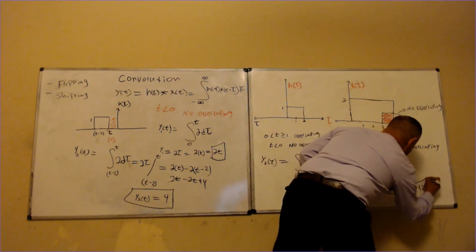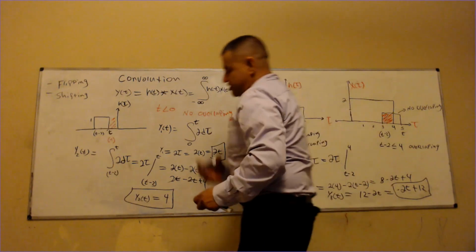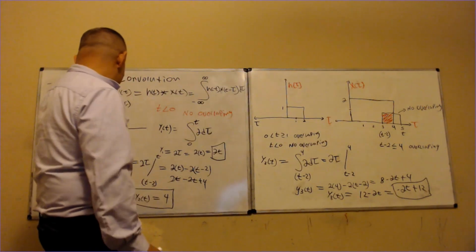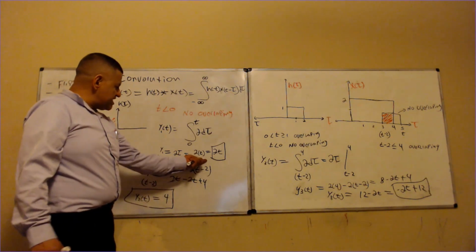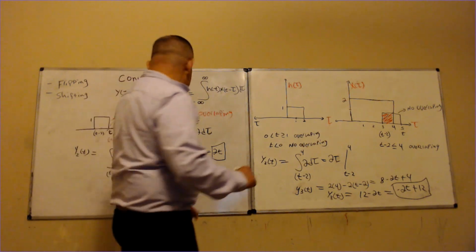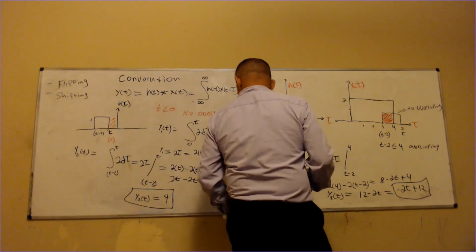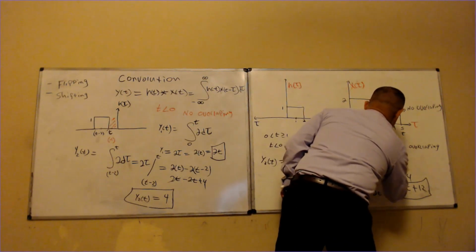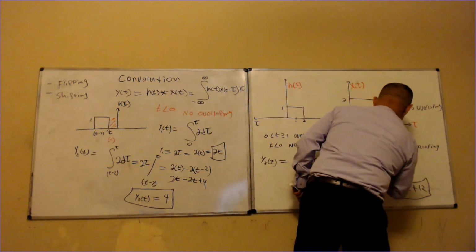So now, with those values, so I have those values, right? So I have this 4, I have that 2t, and I have that. So I need to put those together because I need to graph this again. So I need this. So y of t1 is equal to 2t, right?